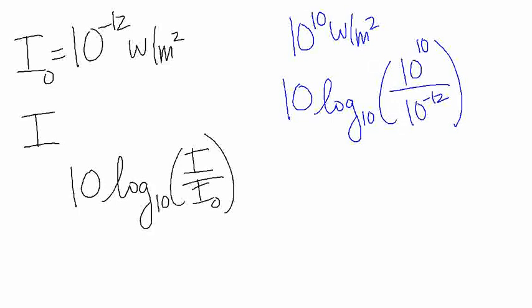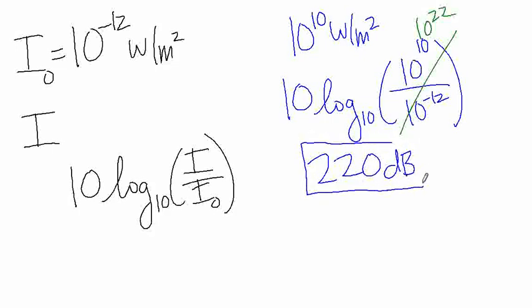The ratio simplifies to 10 to the 22. The log to the base 10 of 10 to the 22 is 22, so that whole expression simplifies to 220. So 220 decibels is equivalent to 10 to the 10 watts per meter squared.